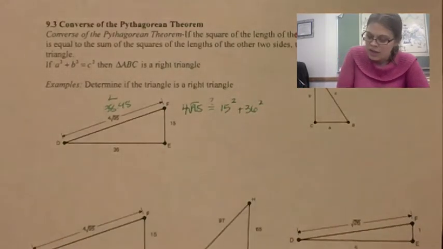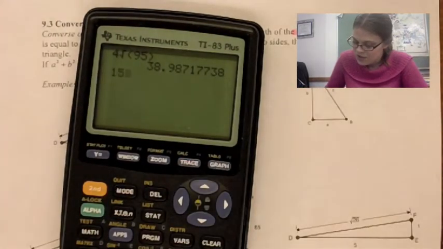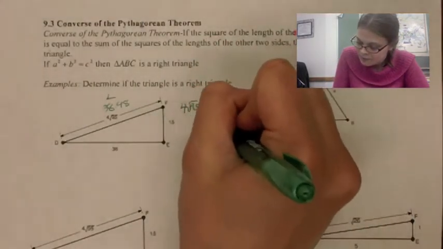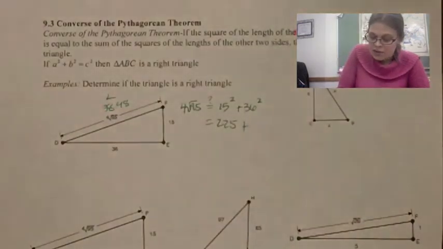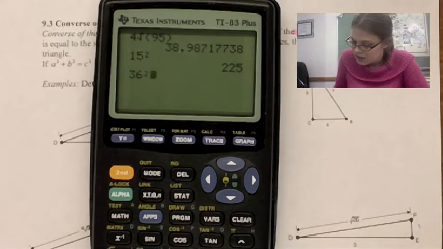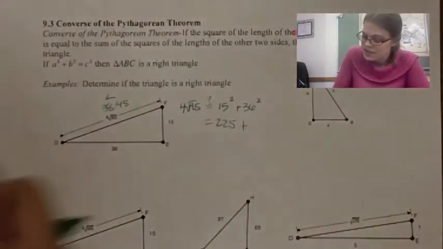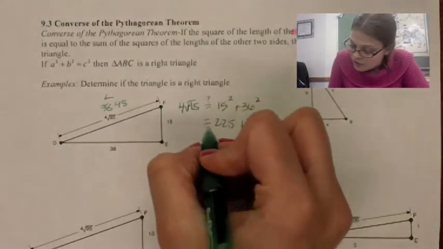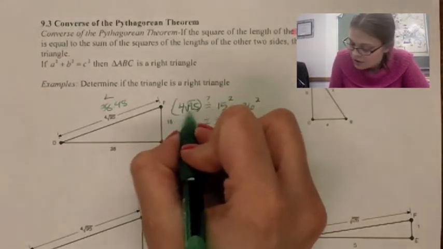So in my calculator, I do 15 squared, which is 225. And then I do 36 squared, which is 1296. And then when you do 4 root 95, I forgot to put my squared here, go back and fix that.